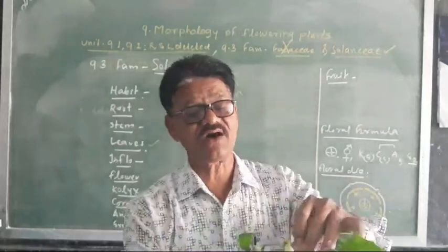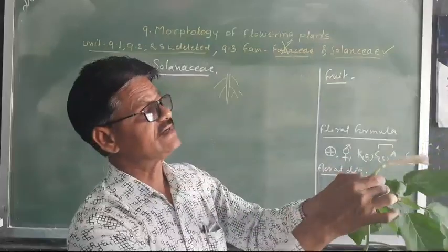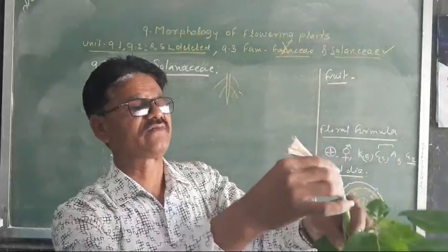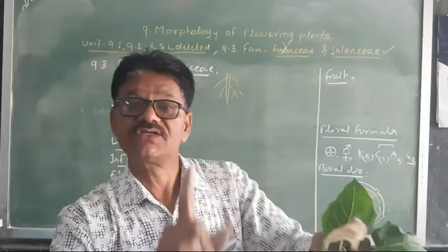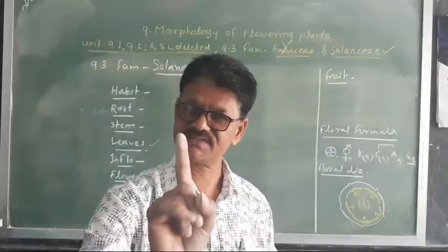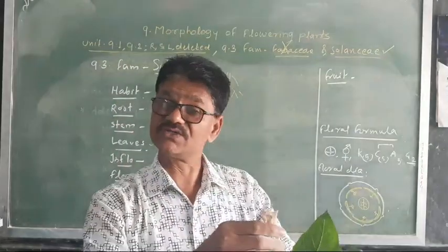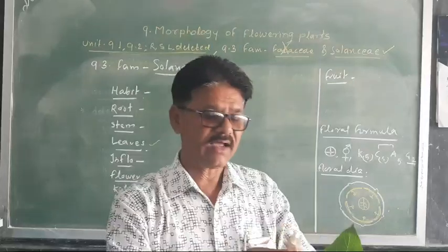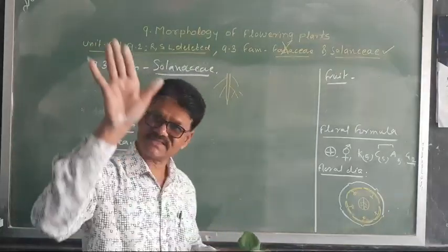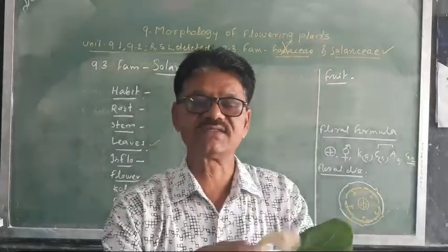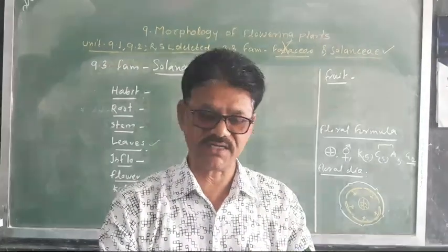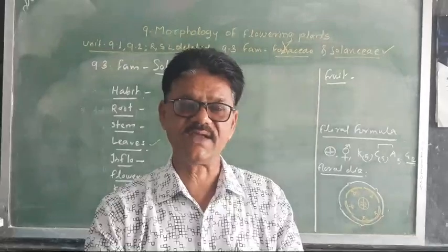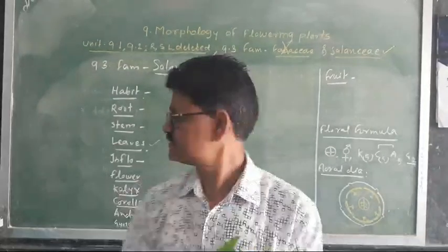If a single flower comes out in the axil of the stem and the leaf, it is called solitary. Solo means single, like this it is solitary. And when the growth is definite, then it is called the cymose type. It is solitary cymose type of inflorescence.